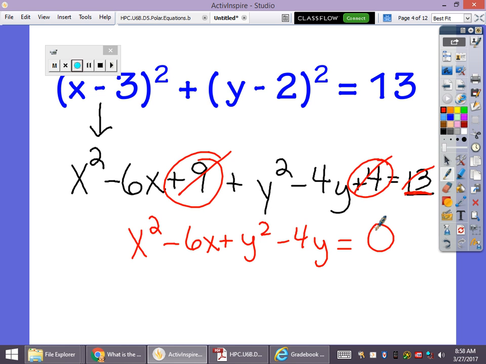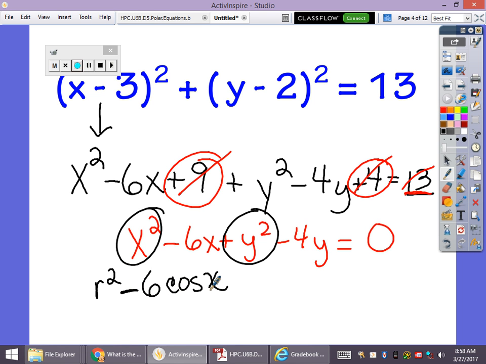Oh, the x squared and y squared. What does x squared and y squared make? R squared. Okay, so that takes care of that, r squared. 6x, what is x worth? No, look at your formula sheet. What's x worth? Okay, so 6 cosine theta, yeah?